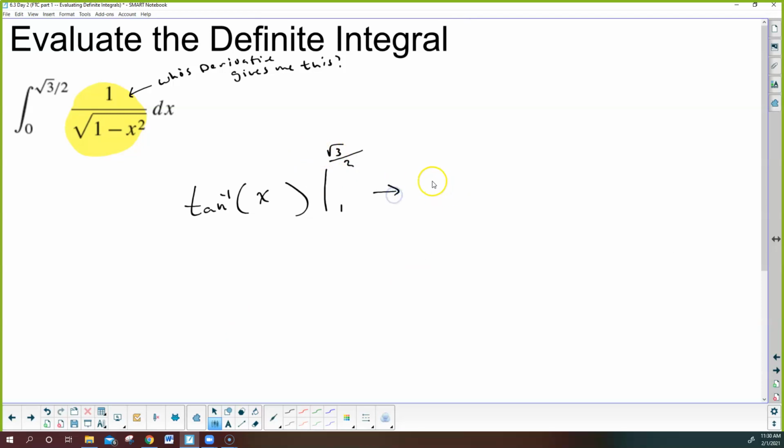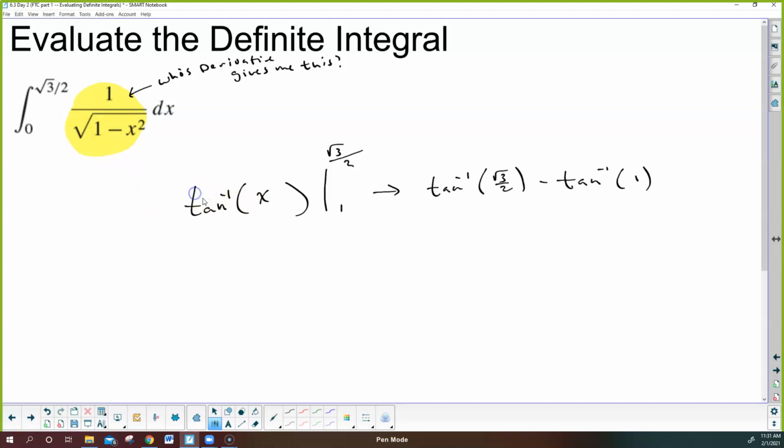So that's the one tricky thing you just got to be aware of, and now we got to plug this in. We're going to evaluate it at top and bottom. Shoot. Hold on one second. Oh, shoot.